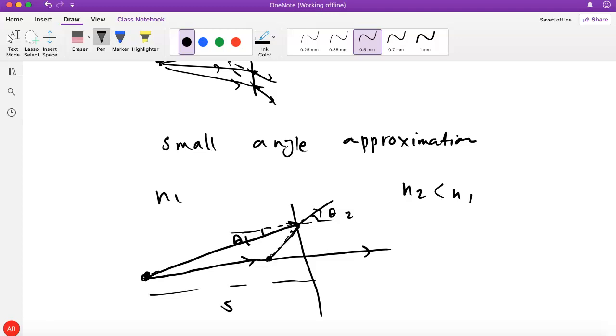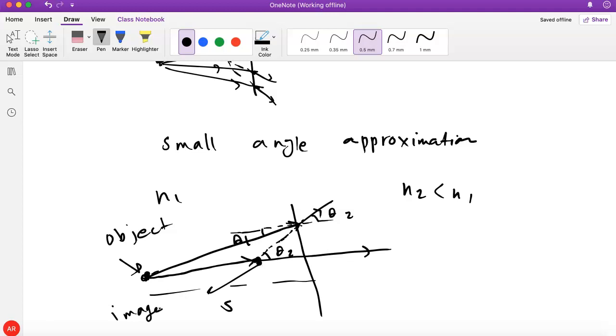this angle is theta 2, here I have theta 2. So let's call this distance S prime. So this is the object, this is, say, the image of the object.